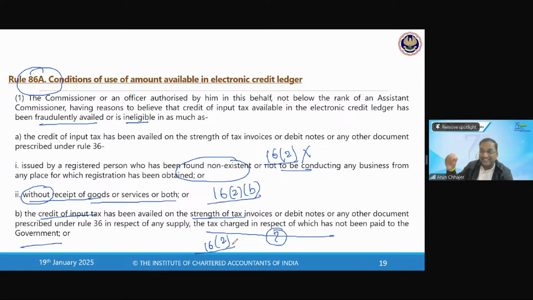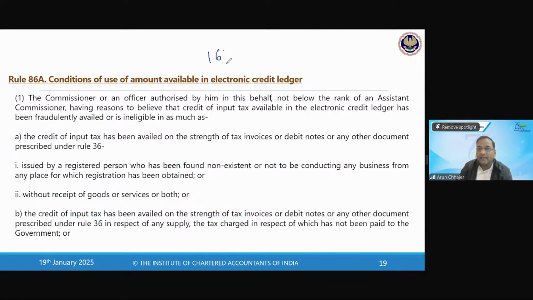Let me ask you all, how many conditions can you tell me for taking the ITC in 16.2? Please tell me the conditions, whatever you can tell me, 1, 2, 3, 4, 5, kindly give in the chat. It is a revision, and let me check how much of the provision you can recall. It is very basic understanding.